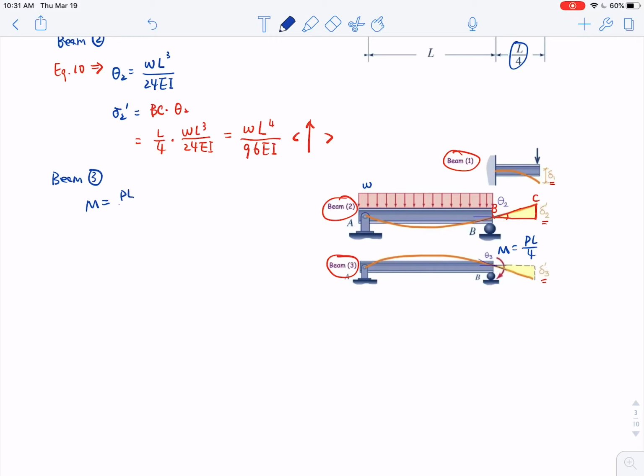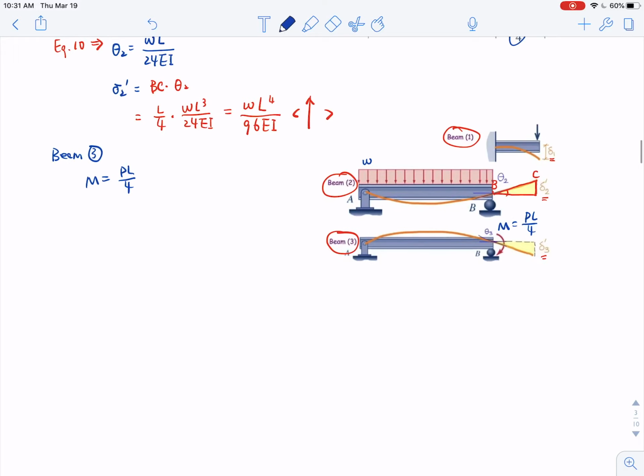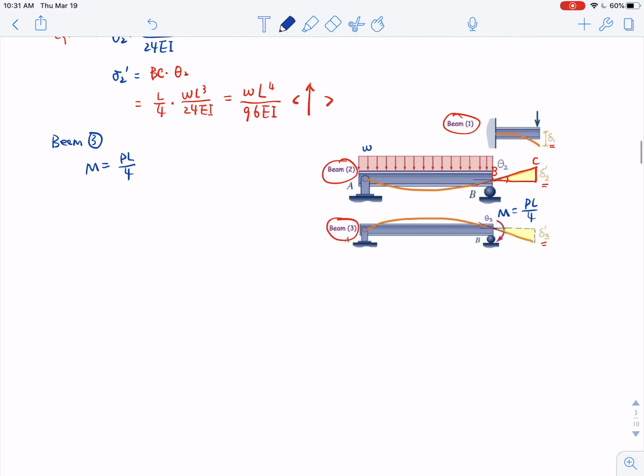Strictly speaking, it should be a negative bending moment, since it will make the section AB curve. It's a negative value, but we do not care about the sign here. We just use its magnitude for the calculation. Now let's look at the correct equation to calculate this problem.